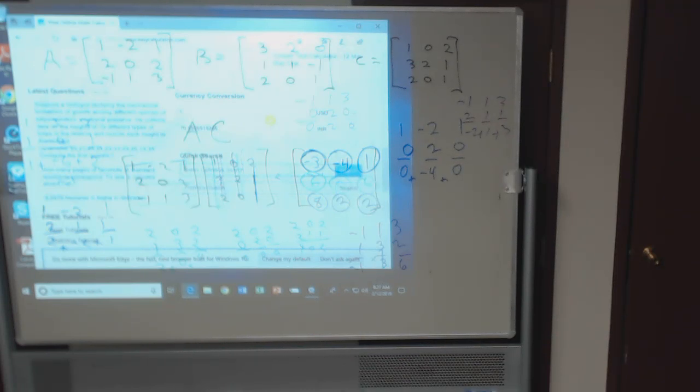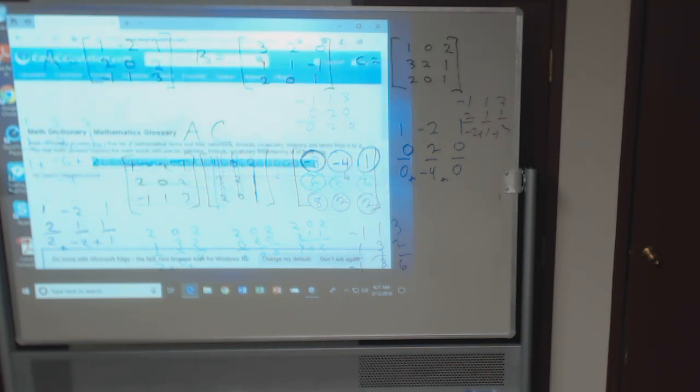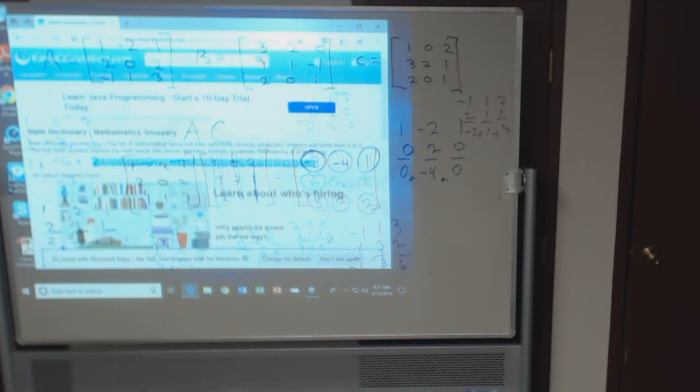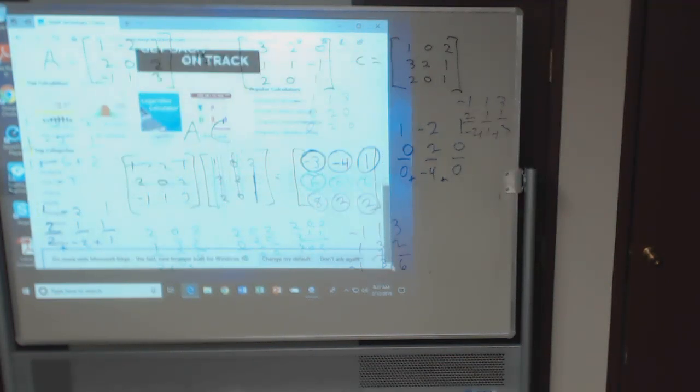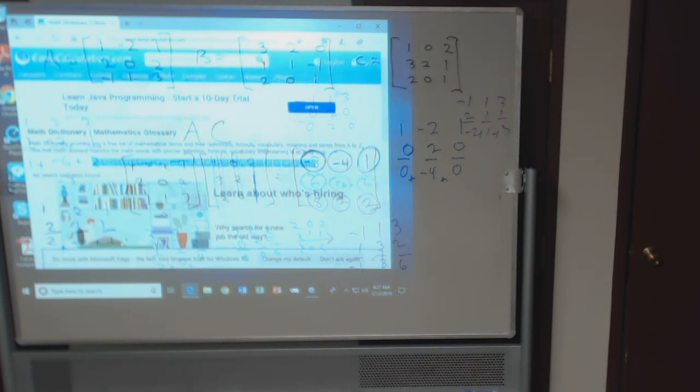I can't see what I'm looking for up there, so I come down here and I go matrix multiplication. And let's see what happens. Well, that didn't do anything. Let's go up here. EasyCalculation.com.